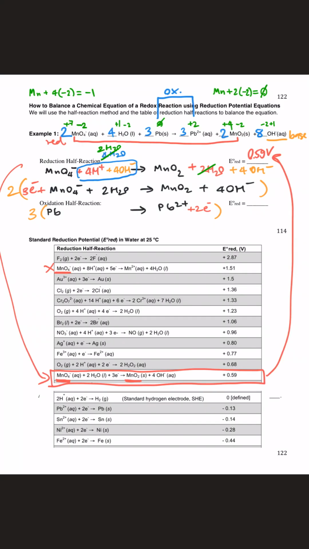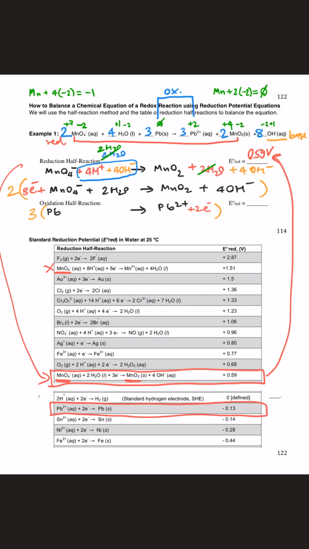Therefore, you will not see this reaction written on here, but it's going to be the reverse process of it, because this is the oxidation. The reverse process would be the reduction. Therefore, you are going to look for lead 2 plus plus 2 electrons become lead. So we are going to use this reduction half reaction because it belongs to lead.